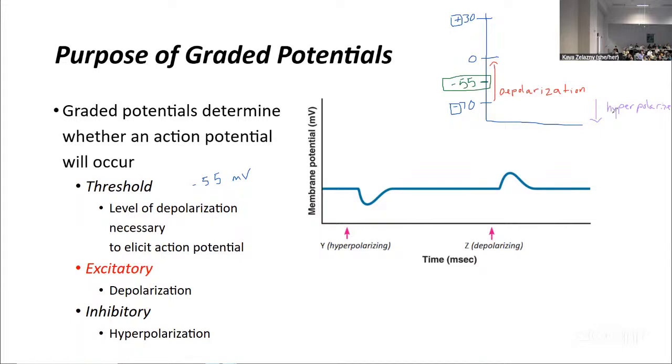So that's why we refer to hyperpolarization as inhibitory. Being inhibited, like not wanting to do stuff, that's this direction, the hyperpolar direction.